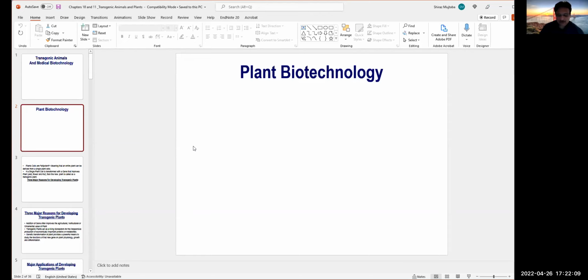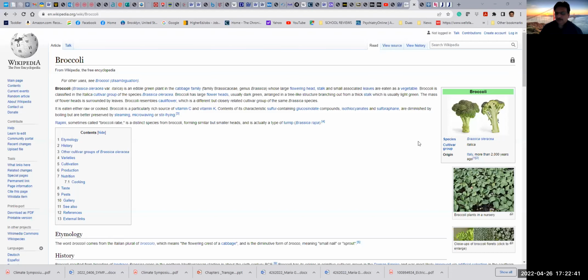And one of the interesting pieces of evidence that suggests that genetic modification of plants has been happening since ages, we can look at the example of a very interesting vegetable that we consume, and that is broccoli.